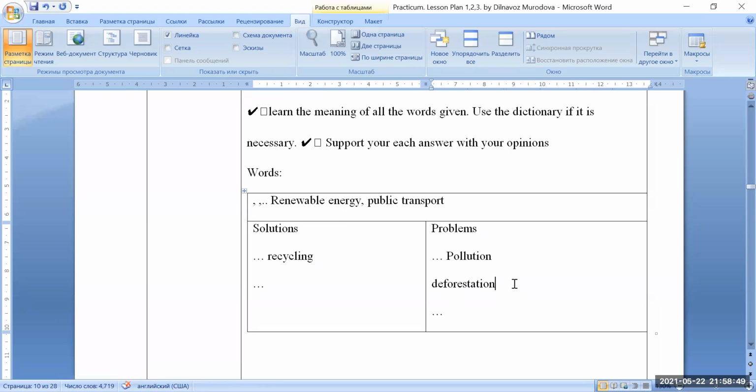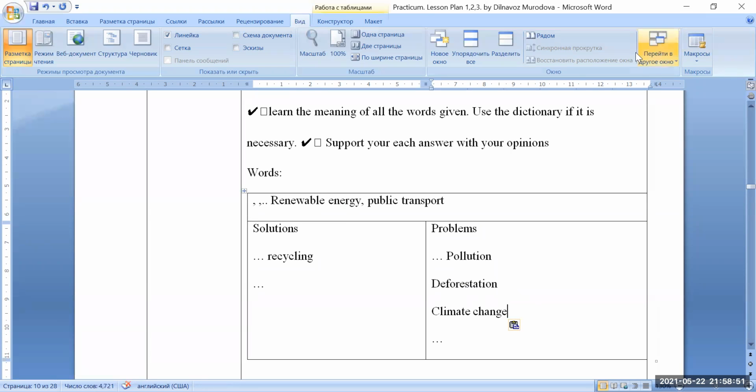And then renewable energy. Solution. Solution, thank you very much. And the last one, public transport. It's a big solution. No, it's a solution. Yes, sorry. A solution for air pollution. Yes.